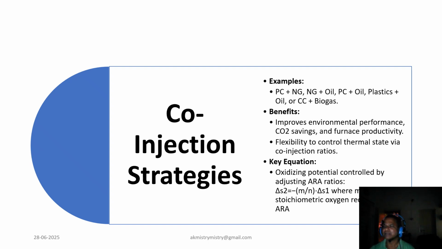Advanced lance designs like coaxial, eccentric, and turbulence-enhancing lances all help improve mixing and particle dispersion, and this leads to enhanced combustion, prevents dead zones, and improves raceway flame stability. So we can say that proper lance geometry is basically a hidden hero in efficient ARA injection.